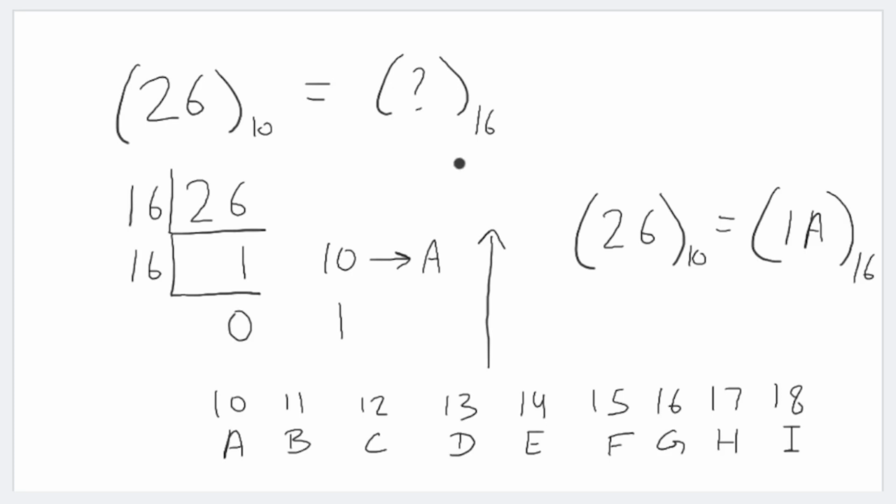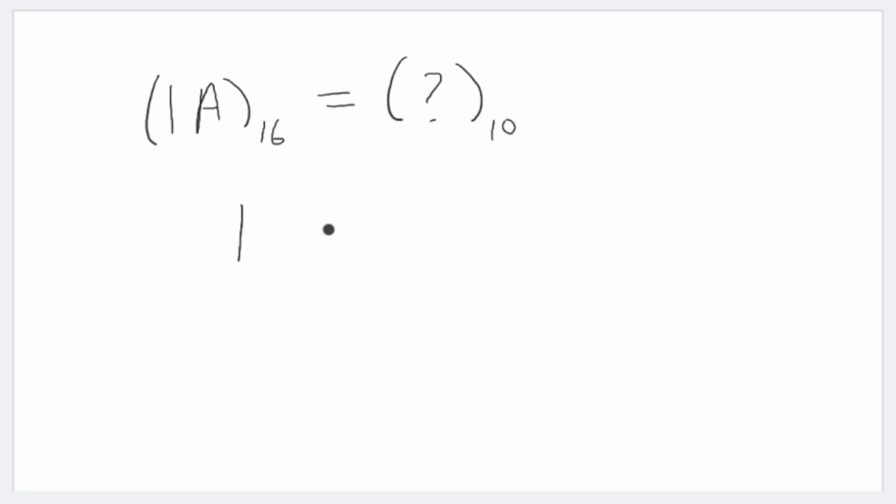Let us see how we can go back to the decimal as well. So let's say we have a hexadecimal number 1A, which is in the base 16, and then we want to know what it is in decimal. So what we'll do is we'll say 1 into 16 to the power 1 plus A into 16 to the power 0.